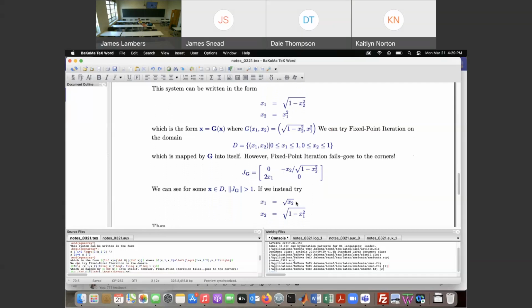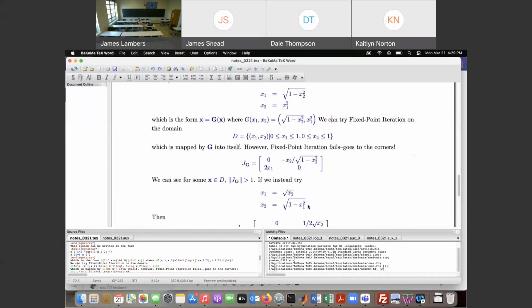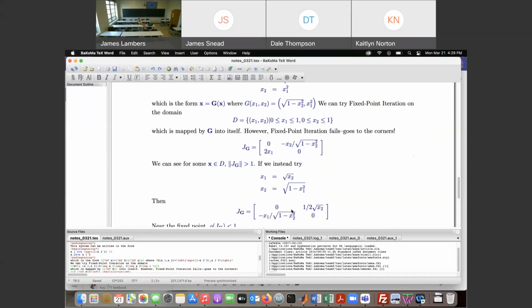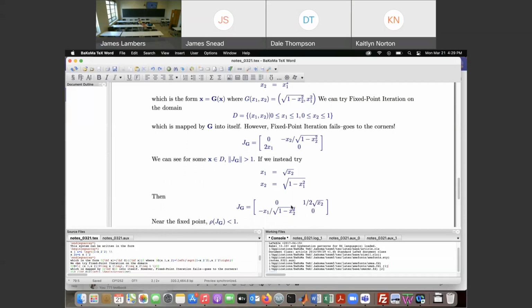So here I'm using the inverse function, which is recommended in the single variable case to fix a bad choice of g. So here's our Jacobian this time. Now, it is still possible to find choices of x1 and x2 that make this large, but let's just go ahead and try this iteration and see what happens.